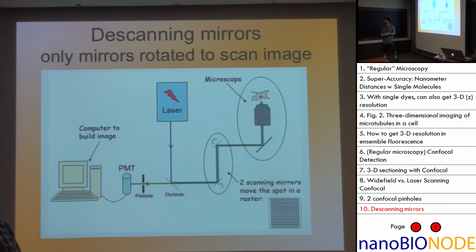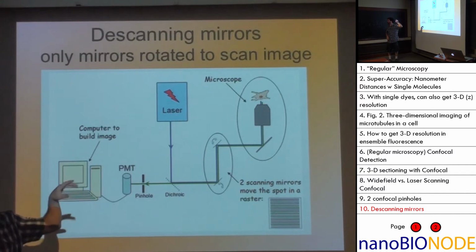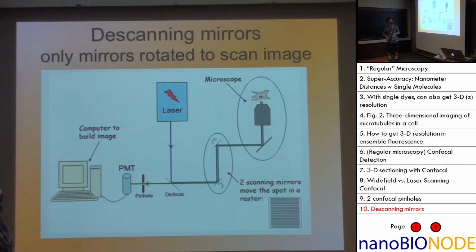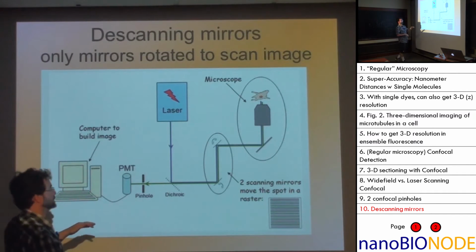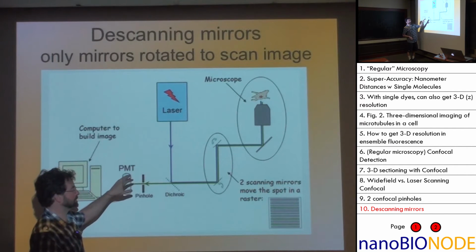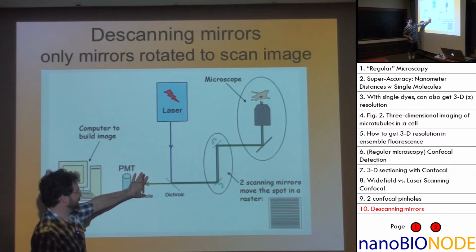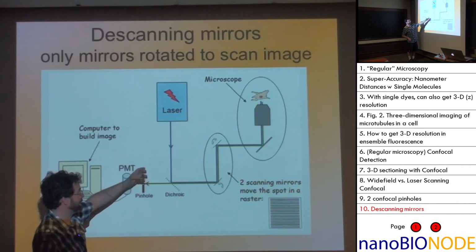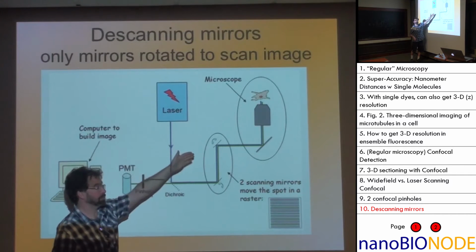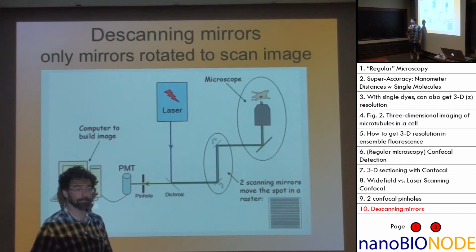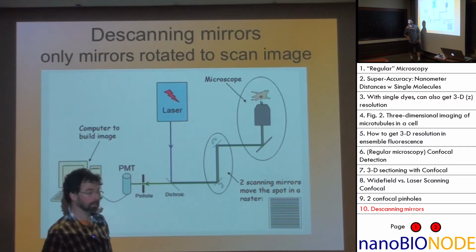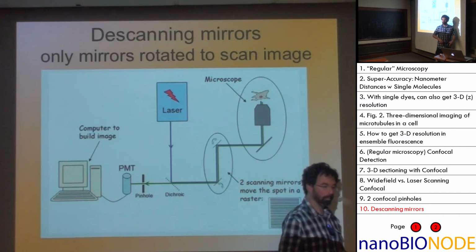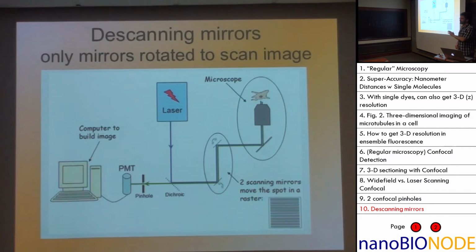Well, it turns out they have spinning disks right now that have like 100 pinholes. So what they have is not one pinhole, but a whole bunch of disks. And then they actually have another one to make sure they're exciting with a similar pinhole. And they're in general much faster. It turns out they have certain problems, but whatever.